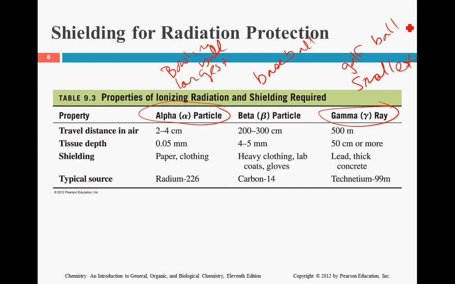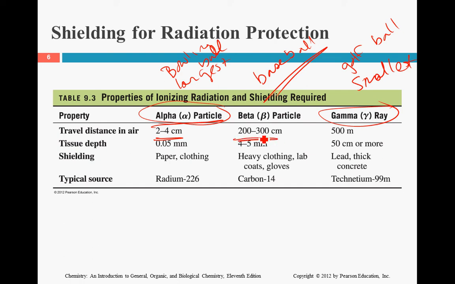The differences in the sizes and the weights give you the differences in how far it'll travel, how well it'll hit something, and so on. For instance, a bowling ball is really heavy. It's really hard to throw. An alpha particle is really big in comparison. It can only go 2 to 4 centimeters. Whereas a baseball, it's still heavy, but it's a lot smaller, easier to handle.